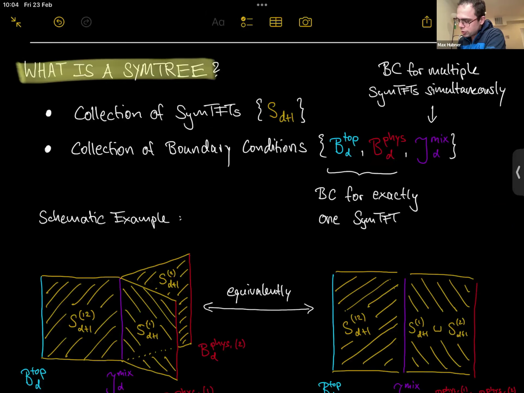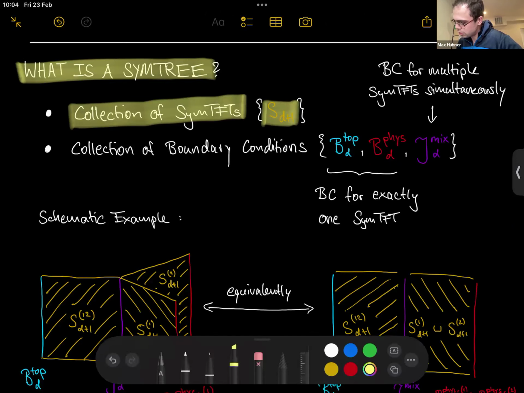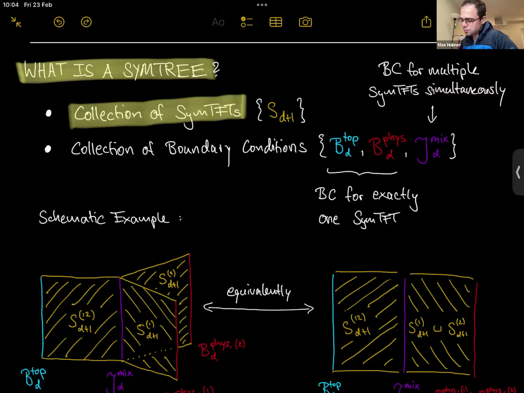What is a SymTree? As already stated just now in the introduction, a SymTree is a collection of SymTFTs, which I'm denoting collectively by S, in d+1 dimensions, and a collection of boundary conditions.